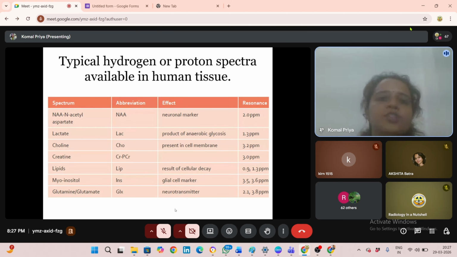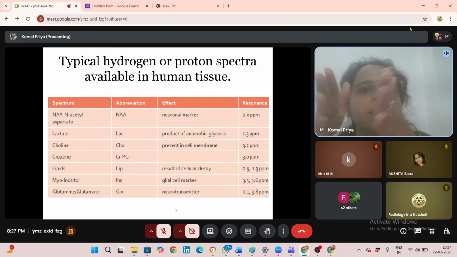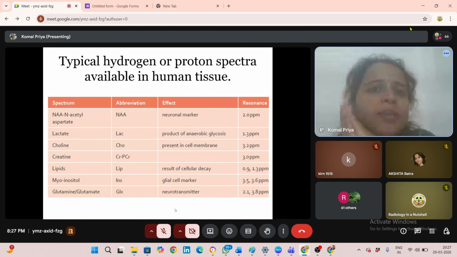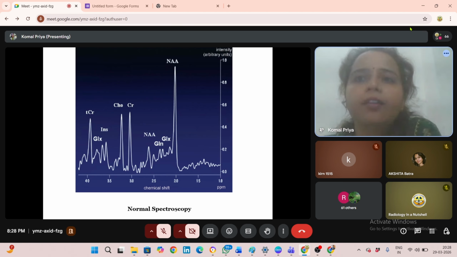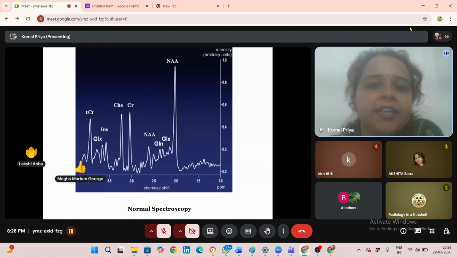Okay, so these are the spectra which you are seeing in the tissue. These are the markers which will appear in the spectroscopy graph. You can see the spectrum of different molecules, and this is how they will show in a normal spectroscopy image. NAA is your N-acetyl aspartate.